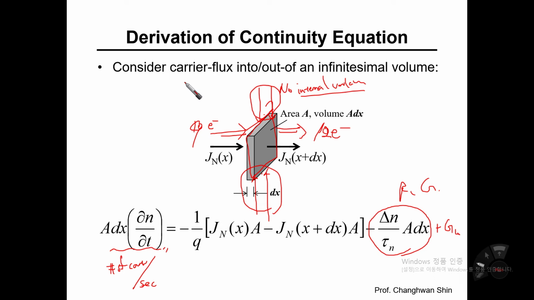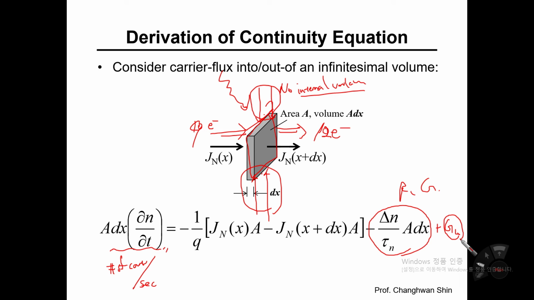And if the light is included, then generation by light would also contribute to the number of carriers divided by second.